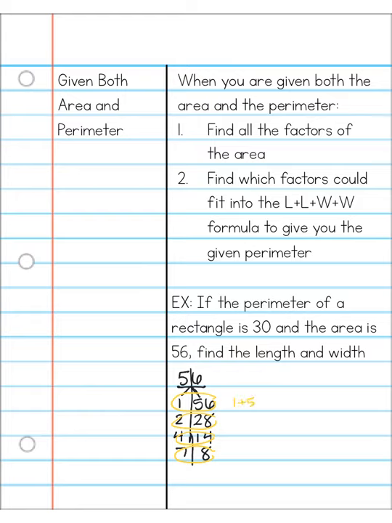So 1 plus 56 plus 1 plus 56 is going to give me way more than 30. So I know that that one's not going to work. 2 plus 2 plus 28 plus 28 is also going to give me way more than 30. That's going to give me 60. So that one won't work either.